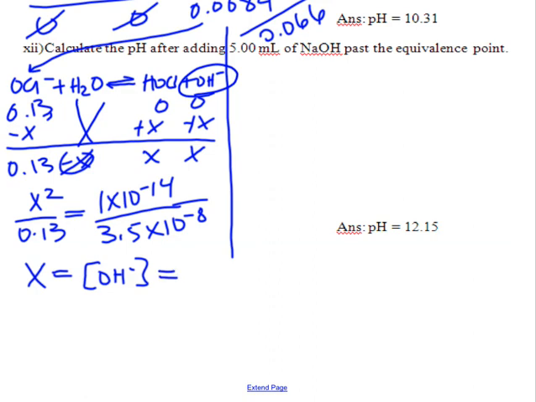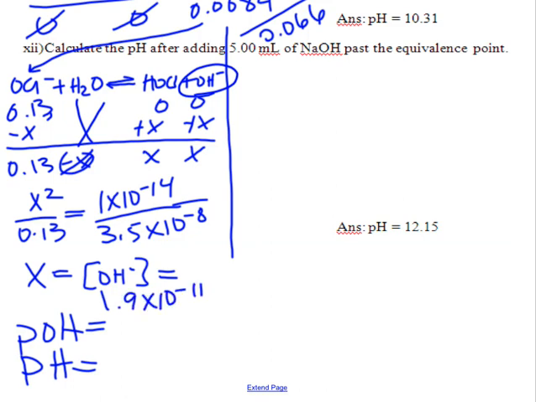So our X, which is equal to our OH minus concentration, is 1.9 times 10 to the negative 11 is what I've heard. Yeah? Negative 4 or 1.4? 4.9 times 10 to the negative 11.